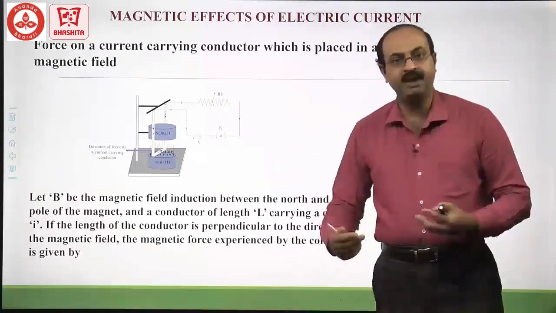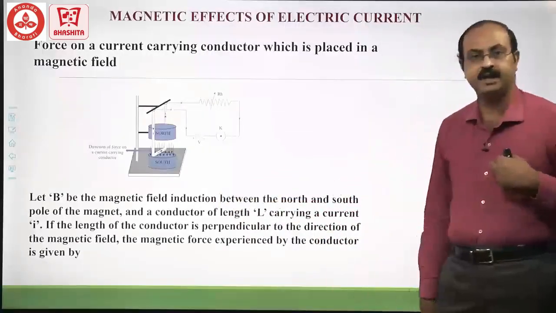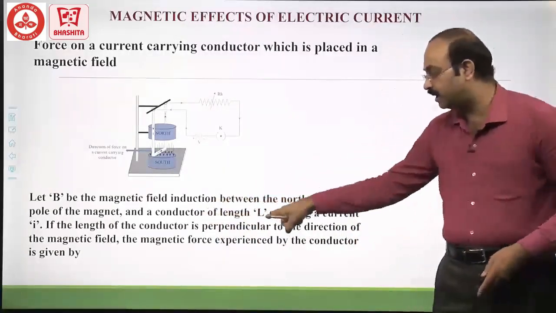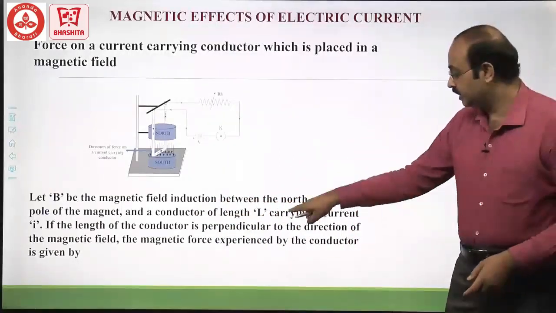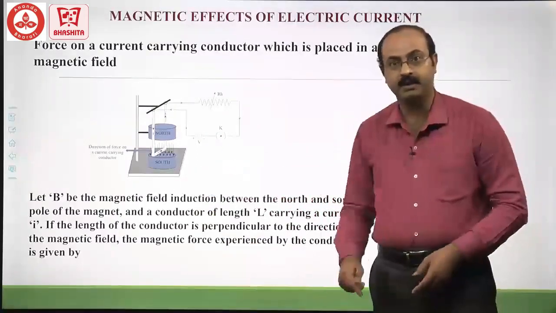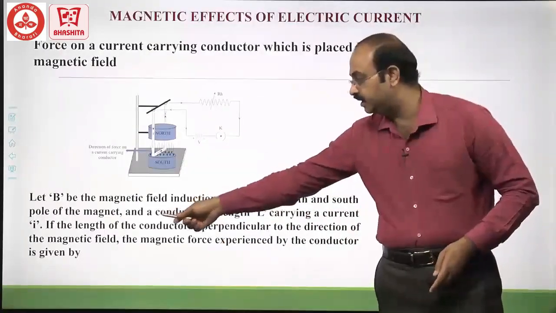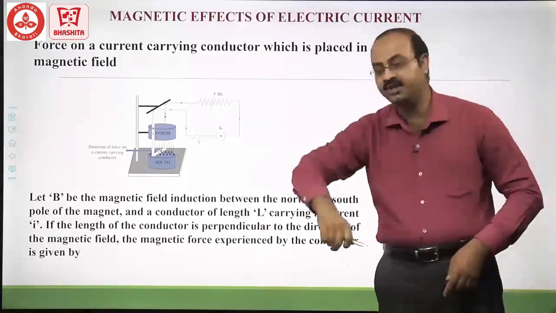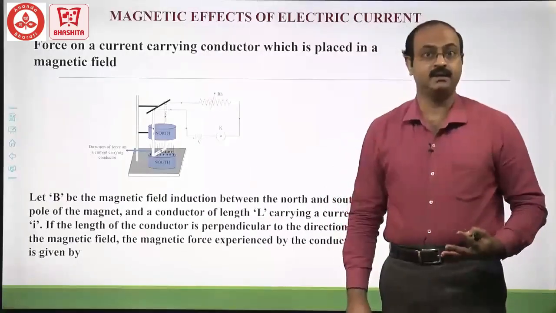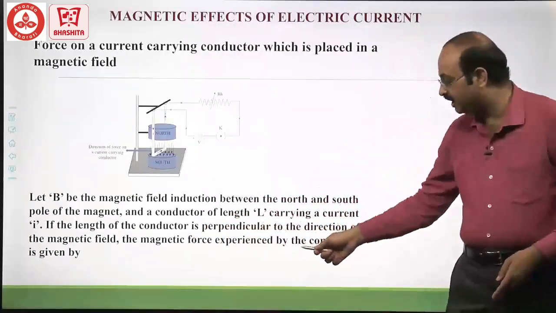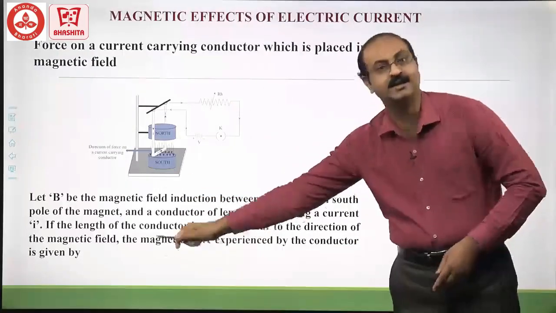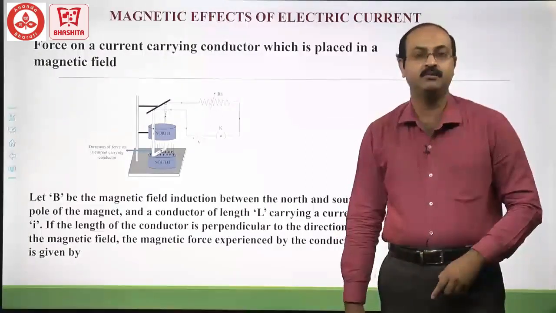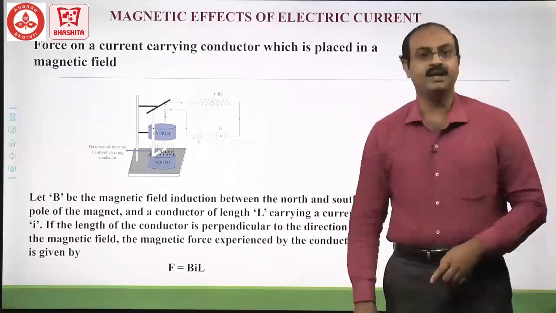Then if B, capital B, is the magnetic field induction between the north and south pole of the magnet, and a conductor of length L carrying a current I is placed in such a way that the length of the conductor is perpendicular, meaning 90 degrees, to the direction of the magnetic field, the magnetic force experienced by the conductor, that means the magnitude, is given by F is equal to BIL.